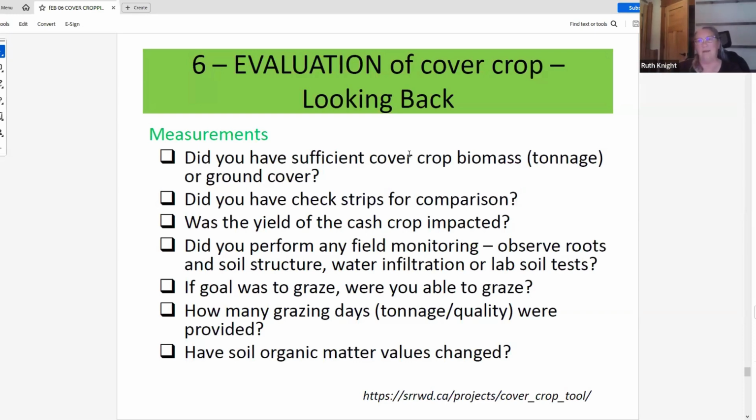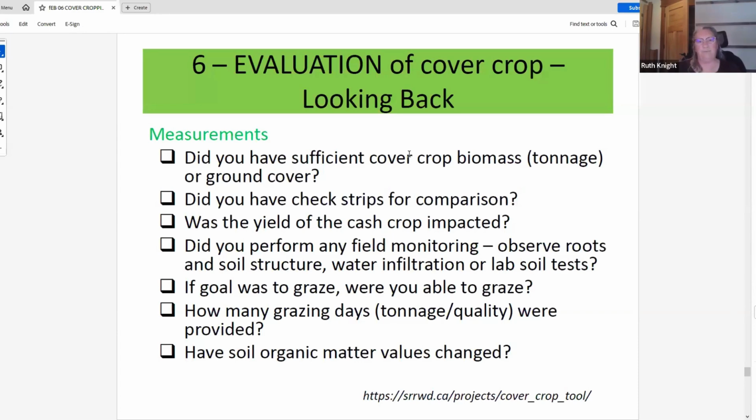I've seen that impact where a cover crop with a lot of biomass was terminated, and in the next crop where the cover crop had high biomass, there were no armyworms, and right next to it where there wasn't as much cover crop, that cash crop was being inundated with armyworms. So that's a really good contrast. Sometimes it's not just what's happening in this present moment, but how it's impacting going forward, which is always good to monitor.